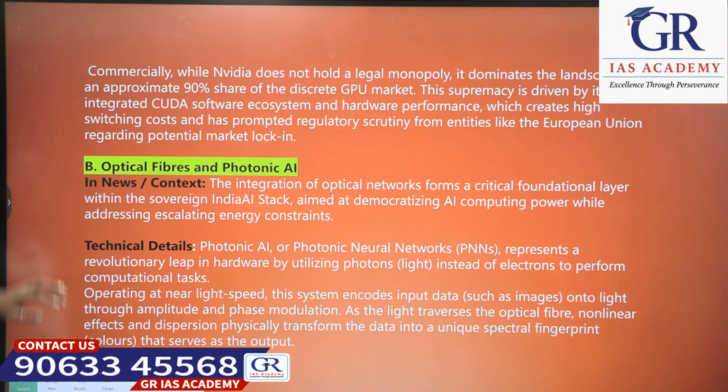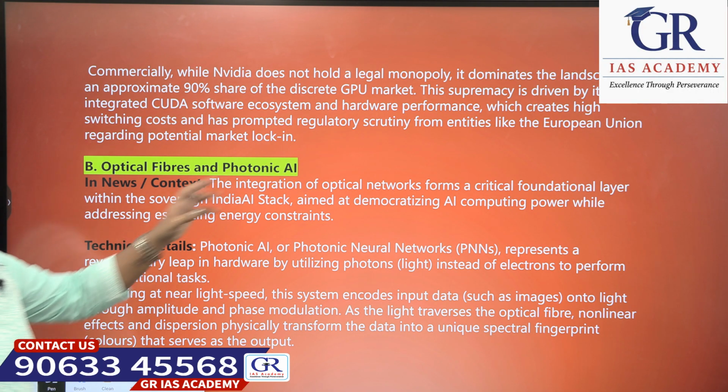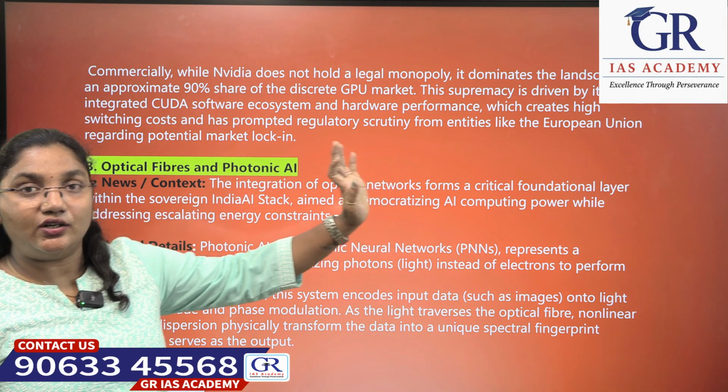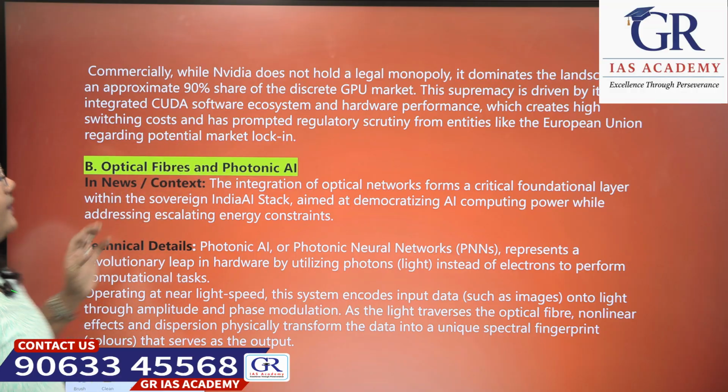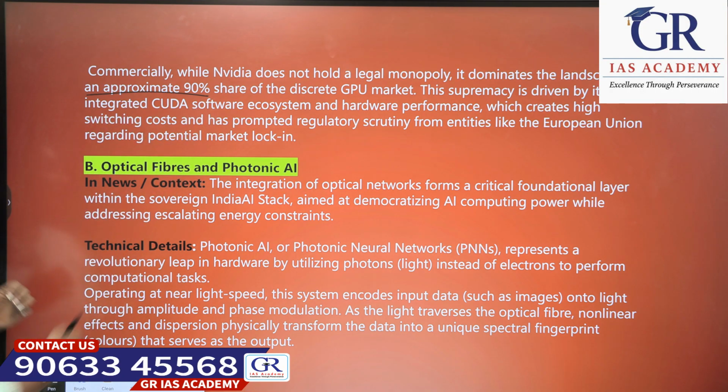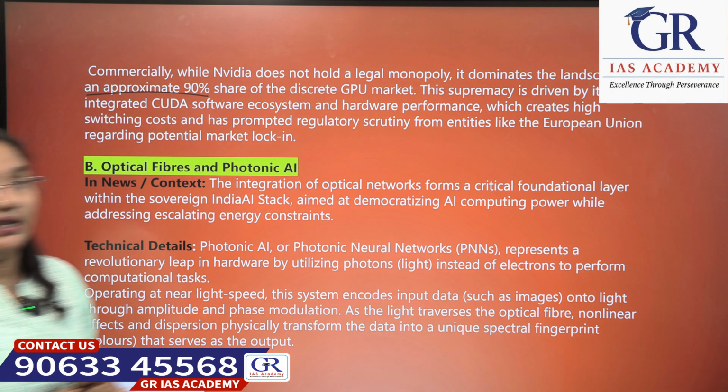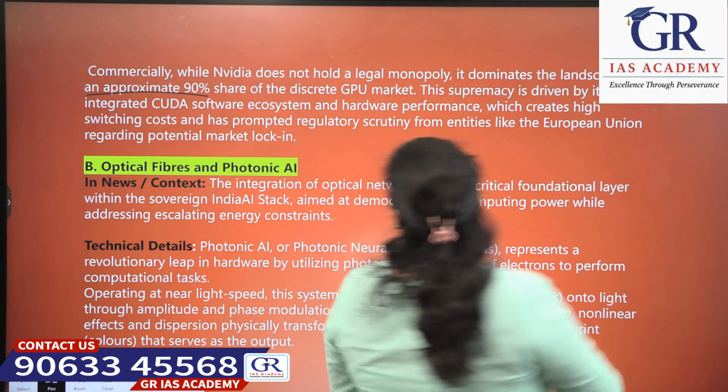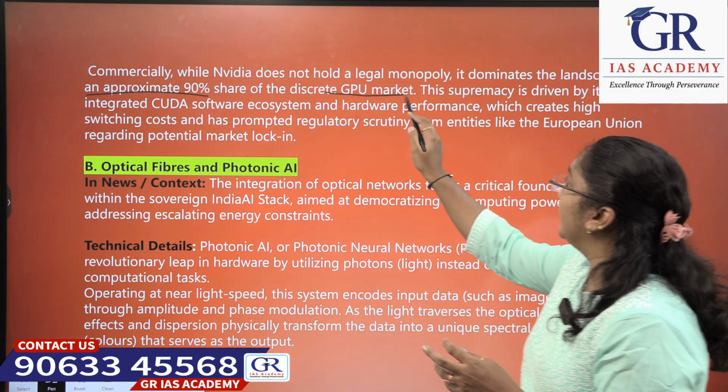Next, commercially, while NVIDIA does not hold a legal monopoly, it dominates the landscape with approximately 90% share of the discrete GPU market.